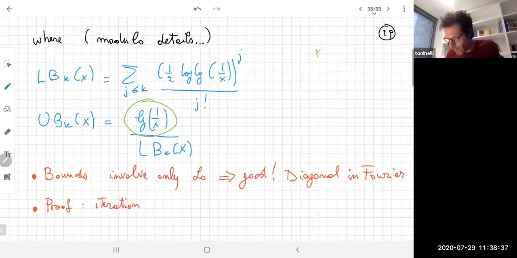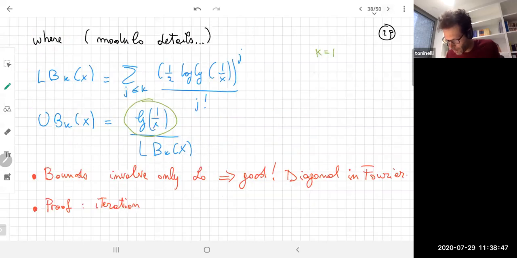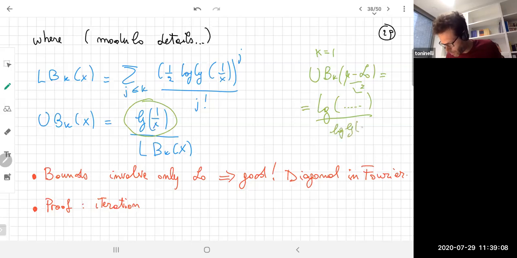So for instance, if k equals 1, the first non-trivial upper bound, UB_k of mu minus L0 divided by L squared, is simply the log of the argument divided by LB with index 1, which is simply the first term in the sum, which is, apart from the 1/2, the log. So the first upper bound is something like log divided by log.